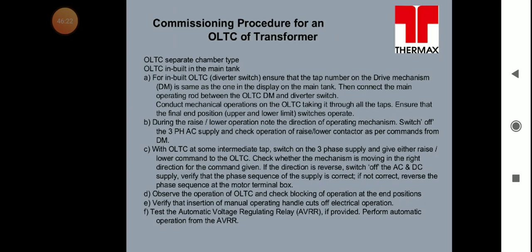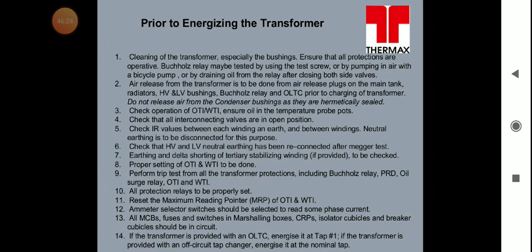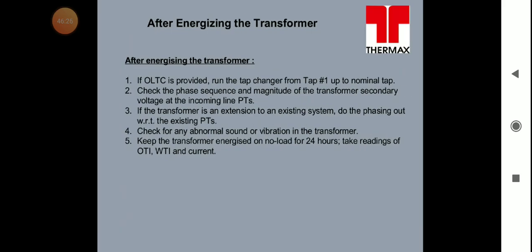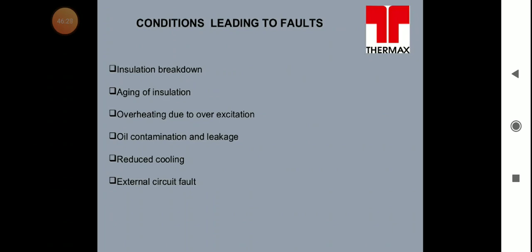We also have general conditions leading to faults. What are the different conditions which may cause faults in the transformer? We already discussed insulation breakdown, aging of the insulation, overheating due to over excitation, oil contamination and leakage, reduced cooling, external circuit fault.